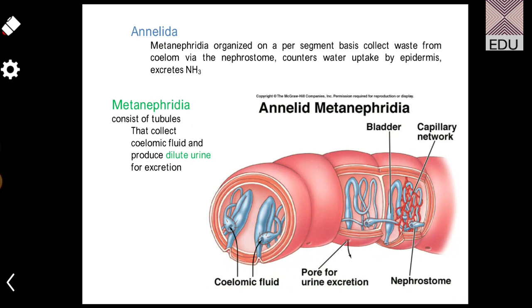So if you have an excess of excretory products in the coelomic fluid, these metanephridia are present over there, and they are taking in the excretory products. From the coelomic fluid, these products will be coming into the body of the metanephridia through these nephrostomes.